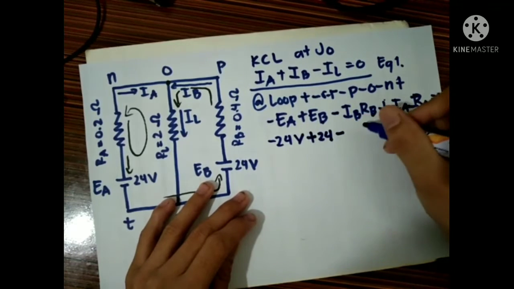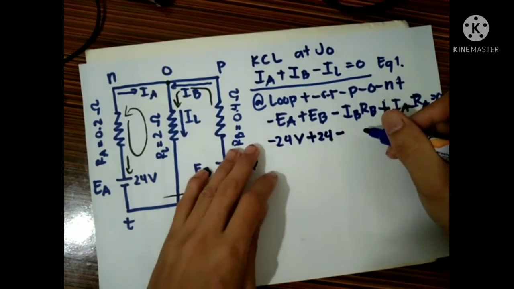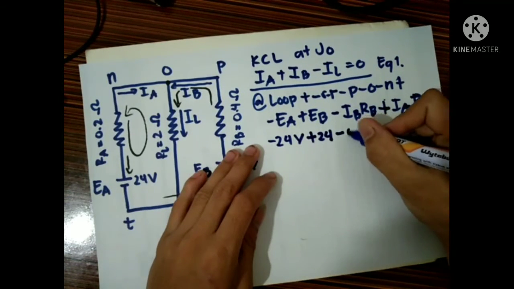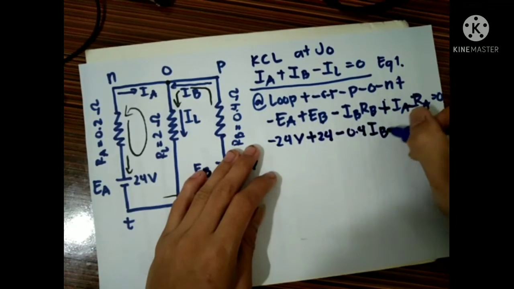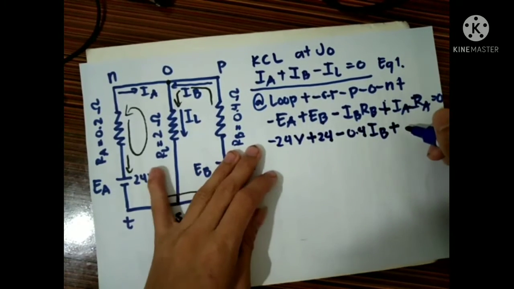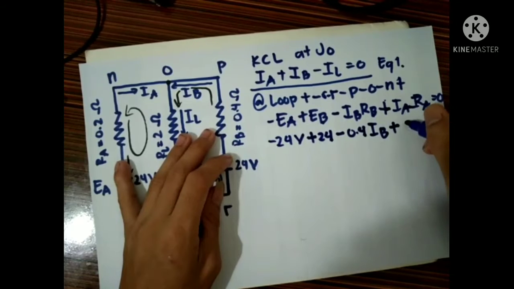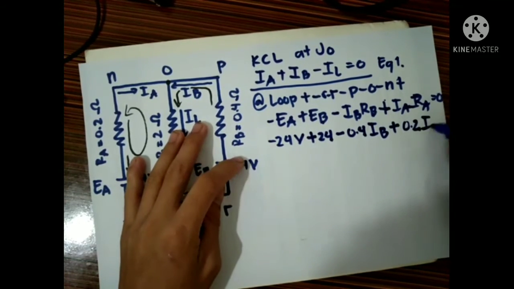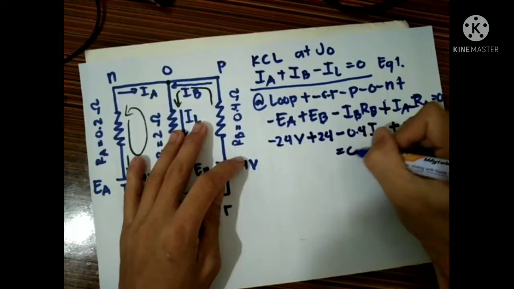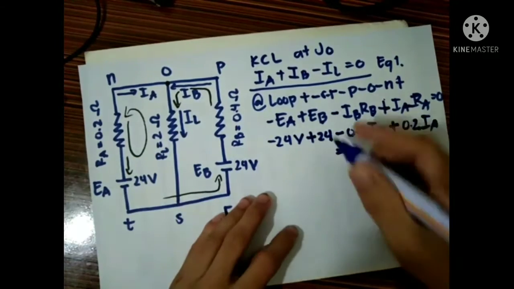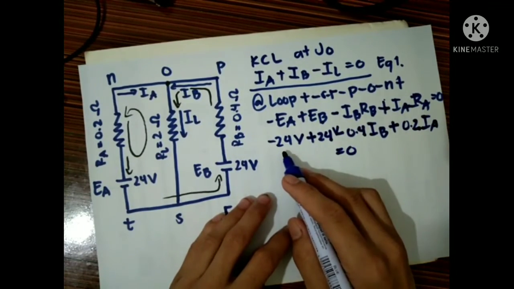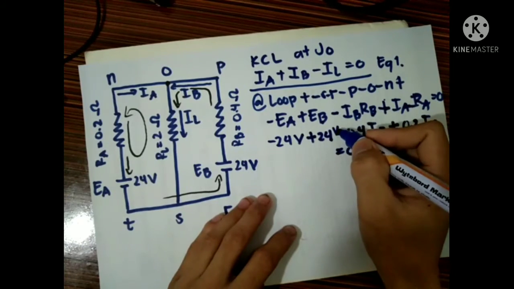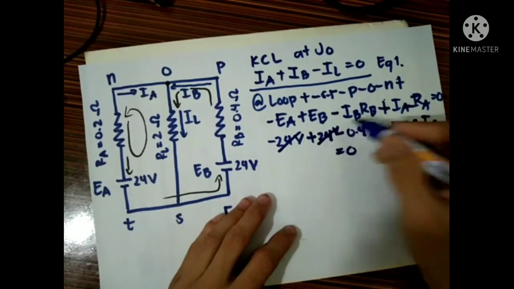We have RB, so we can plug in the 0.2 IB, plus we also have RA, 0.2 multiplied by IA, is equal to 0. As you can see, we can cancel out the negative and the positive 24 volts.